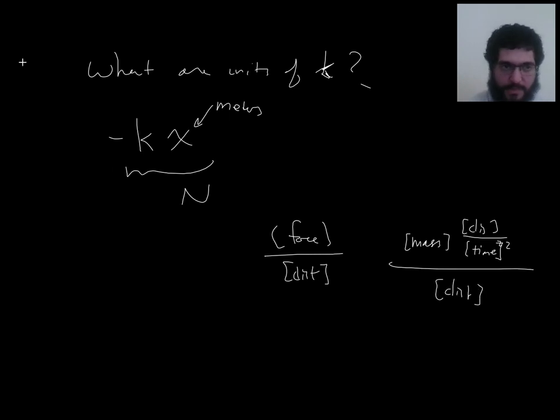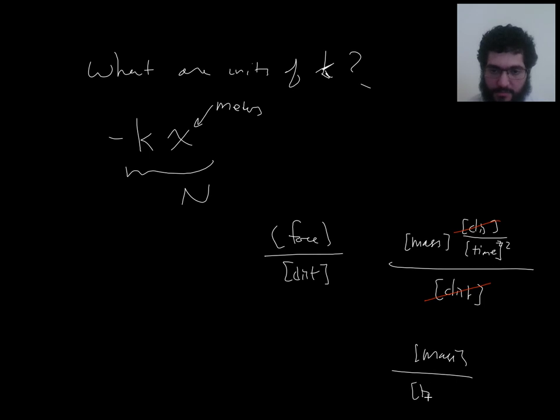And you see, for some reason I dropped this distance from the denominator. I think I was just thinking about the units of force rather than thinking about the units of k. So yeah, actually the units of k are going to be mass per time squared.